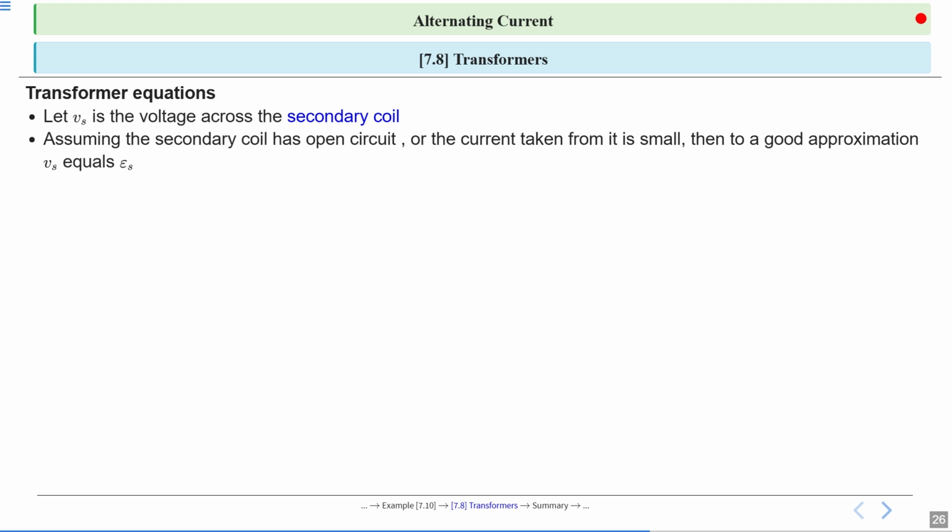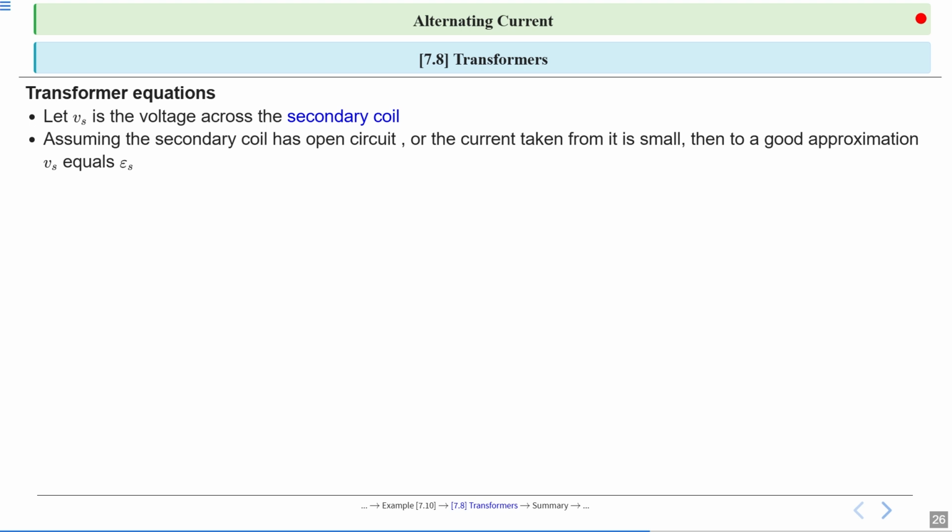We have discussed the difference between voltage or potential difference and EMF also. EMF is when no current is being drawn from the source, and voltage is when current is being drawn from the source. So EMF is induced in the secondary coil. If we are drawing current from the induced EMF in the secondary coil, then Vs will be taken across the secondary coil.